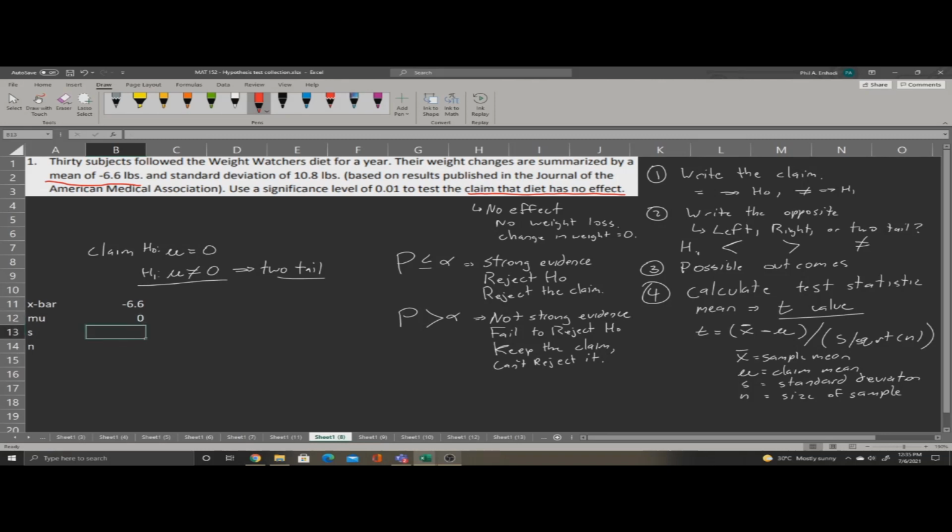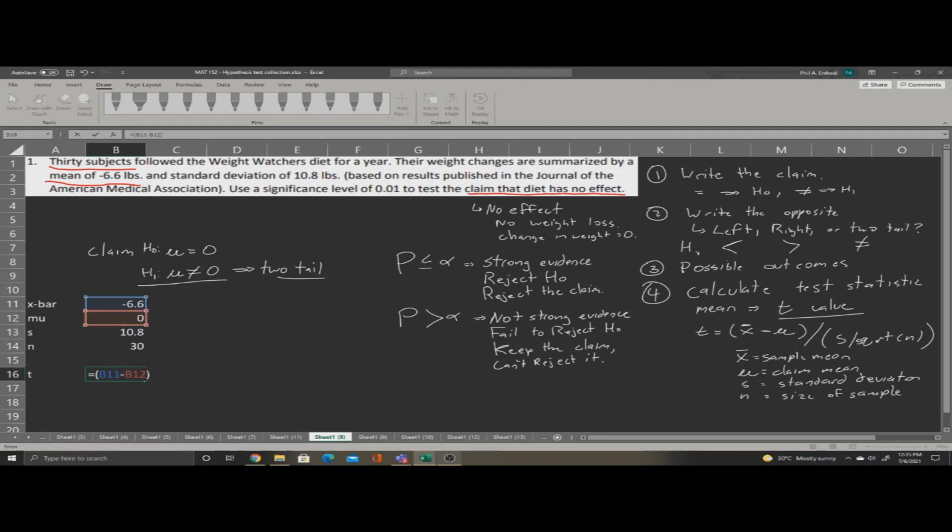The standard deviation given to us was 10.8, and the n we'll have to read the question again for. Right at the very beginning, it told us there were 30 subjects. We'll place that as our n. Using that information, we can find the test statistic t. We'll say equals parentheses x bar minus mu.